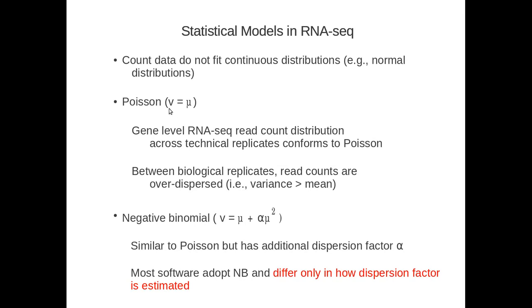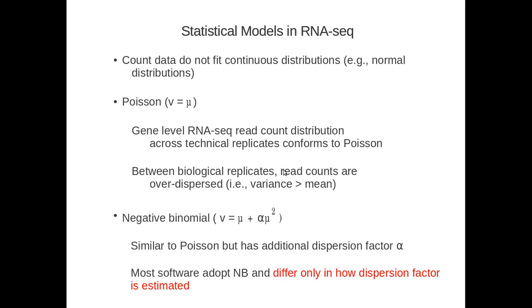So the variance in the Poisson distribution is equal to the mean. And when we find cases where the variance in read counts across genes or across samples is greater than the mean, then that's evidence that our data set is not conforming to expectations of the Poisson distribution.